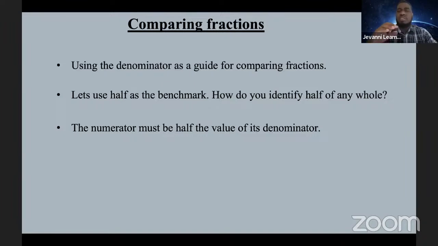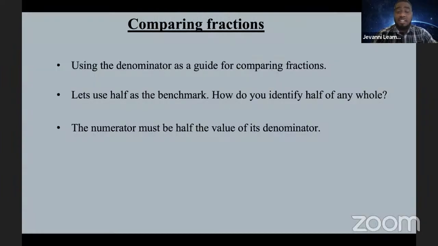So these are some conditions, or steps, that you can use to compare fractions. One thing, we're using the denominator as our guide. The next thing is that the numerator must be half the value of its denominator.